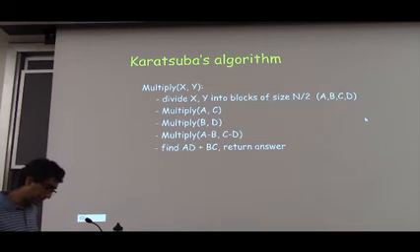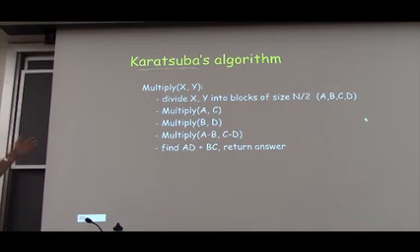You can formalize this. It was first formally invented by Karatsuba. And the way he did it is exactly what we said before. We said plus, so let's do plus. These are the steps in the algorithm. You multiply x and y.